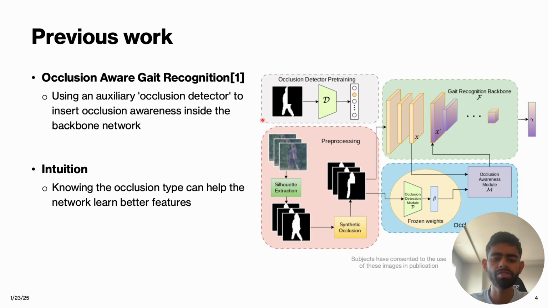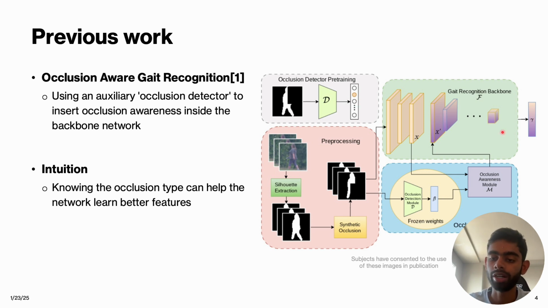There has been some previous work on this problem, specifically this occlusion-aware gait recognition work. The idea behind this is that knowing the occlusion type can actually help the gait recognition network to learn better features. How they do this is they use an auxiliary occlusion detector network, D, in a pre-training stage to learn to classify different types of occlusions.